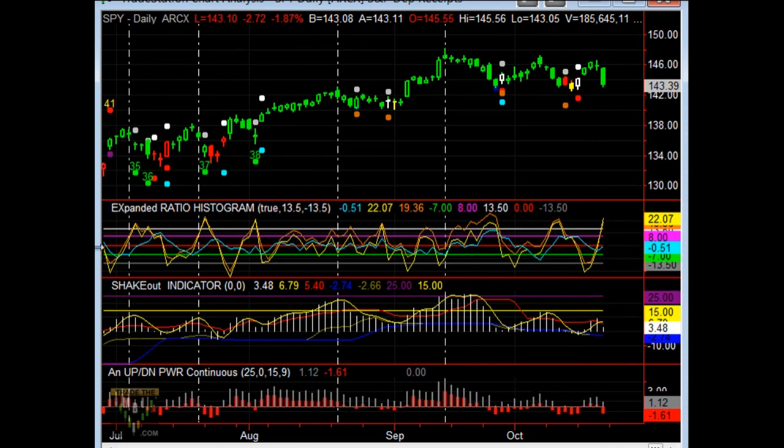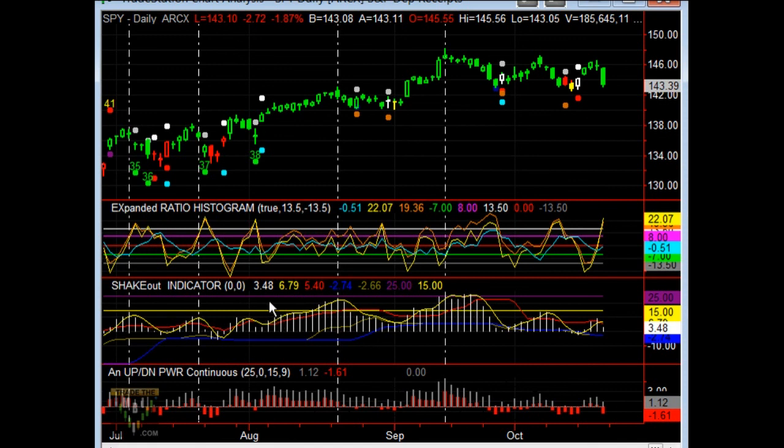We can then utilize our ratio histogram and where we are in the shakeout indicator in relation to our two other lines, the yellow and the red here. In a little bit more of the advanced studies, we can get into exactly what that is, but you can go through here and point out each of the times where the histogram dips lower, and you can then see the correction in the market.